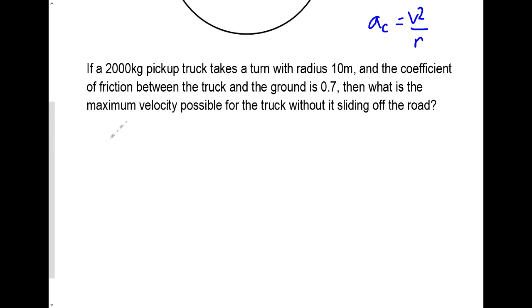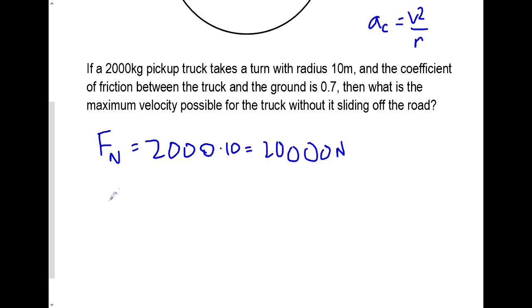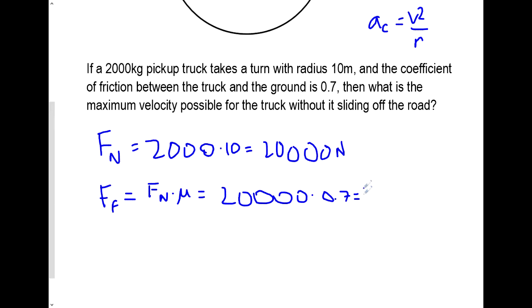We know that the normal force, Fn, equals the mass, 2000, times acceleration of gravity, which is about 10. The frictional force is equal to the normal force times the coefficient of friction, which equals 14,000 newtons.